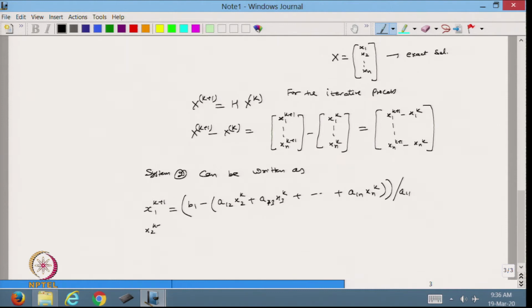The second equation would be the same as this one: b2 minus a21 x1 k plus a23 x3 k up to a2n xn k, and then I am dividing it by a22.